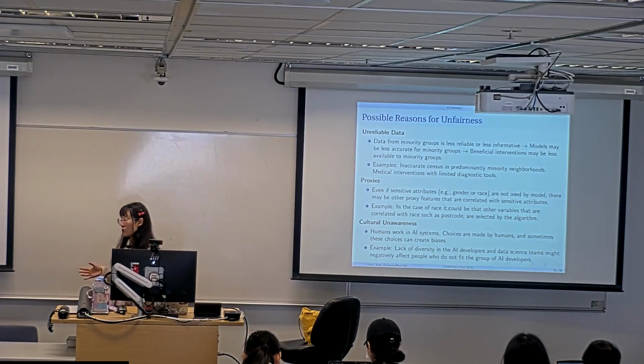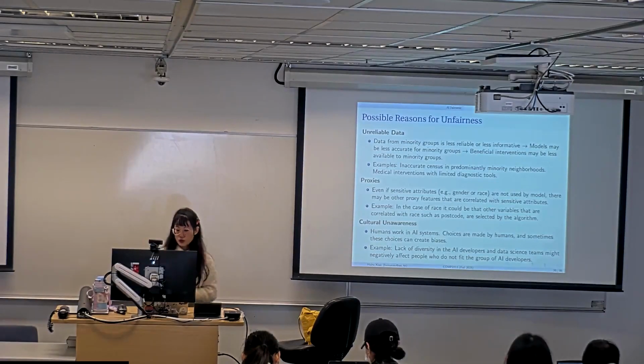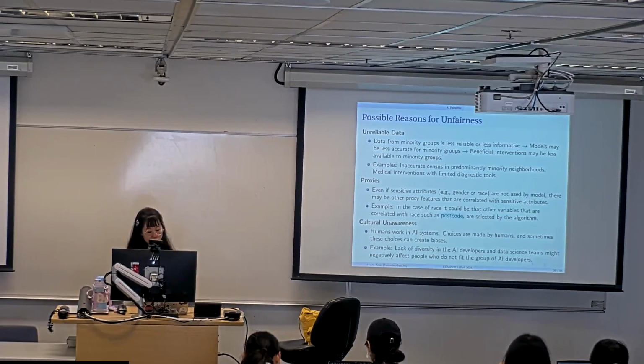Postcode is where people are living. Like in the US, possibly some specific districts will have some specific types of race of people. In this case, even though the data removes the race, such a feature will be found by considering another feature such as the postcode. And then it will be selected by the algorithm, and then still the bias will occur.